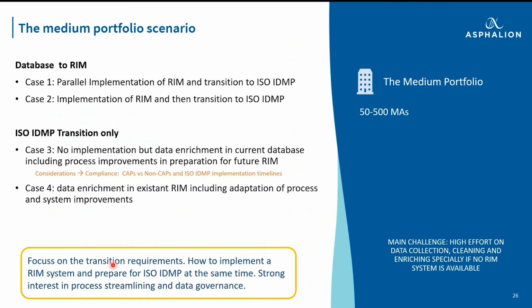So usually the strategy is to do a parallel implementation of a RIM with the transition to ISO IDMP in parallel. And there is a strong interest in the process streamlining and the data governance discussion as well.